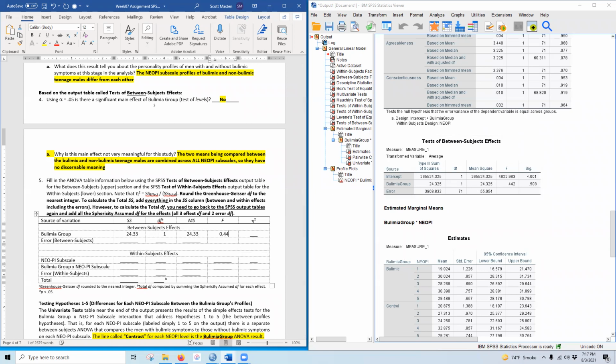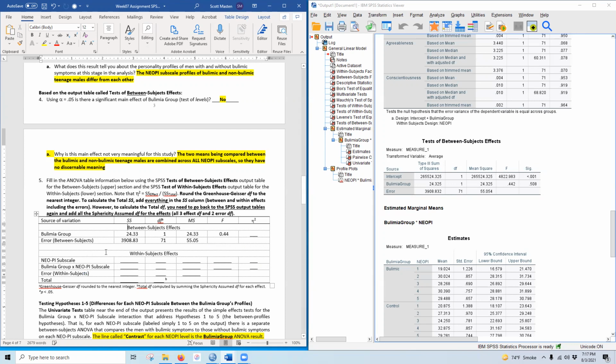Does that get a star? Negatory. We can't calculate this yet. Our error is right here, 3908.83. Degrees of freedom is 71. The mean square is 55.05. And no F value, no eta squared.